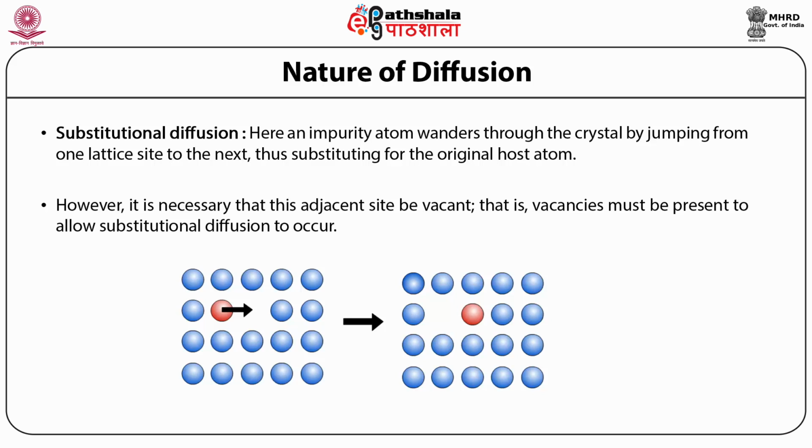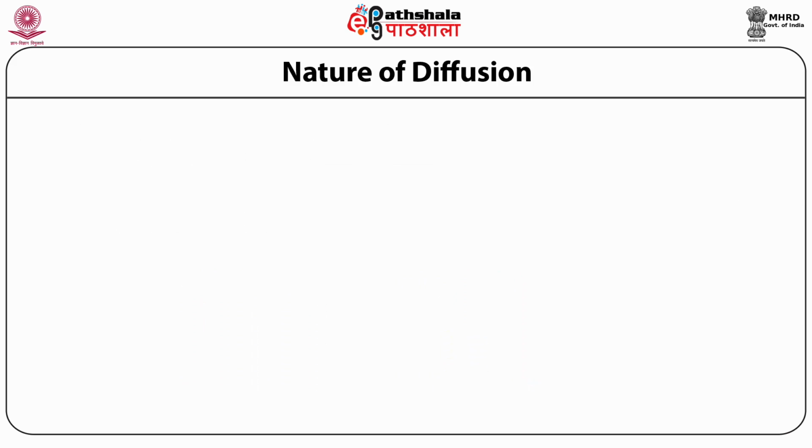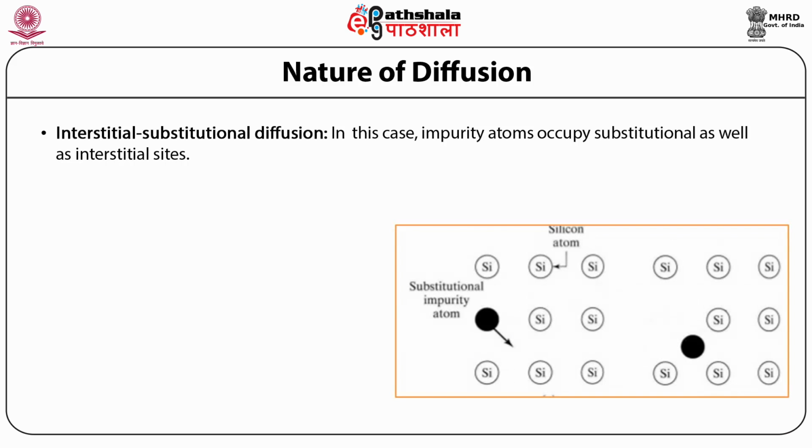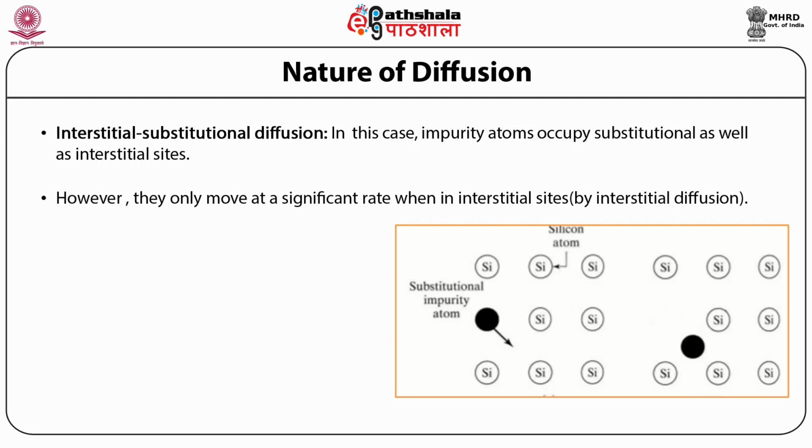Next is interstitial-substitutional diffusion. In this case, impurity atoms occupy substitutional as well as interstitial sites. However, they only move at a significant rate when in interstitial sites.